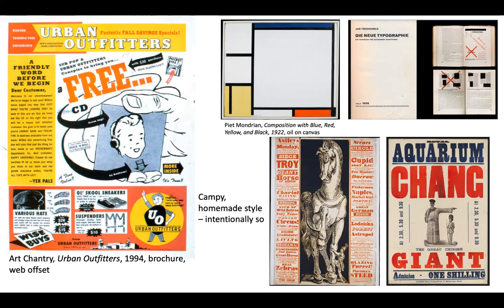It looks like a very homey ad from the 1950s or so, right? And that's intentional, of course. It does break the expectations for a corporation, for clothing for teenagers, in every way.